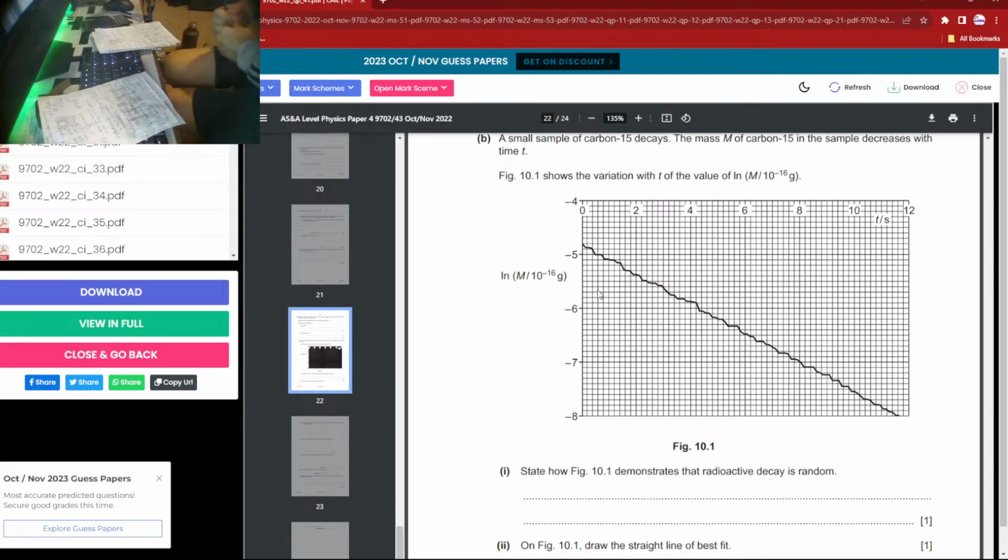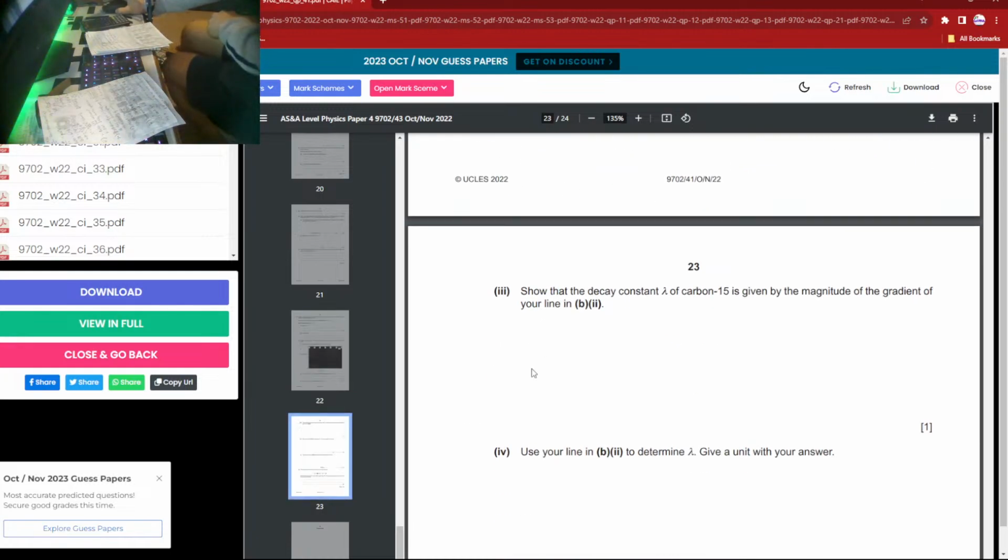So from here you have m over m naught is equal to e to the negative lambda t. You move the e over, you have ln of m over m naught. That gives you your y already. And from there you would have ln(m/m naught) over t is equal to negative lambda. So therefore it's shown. That's it. So it's only one mark.